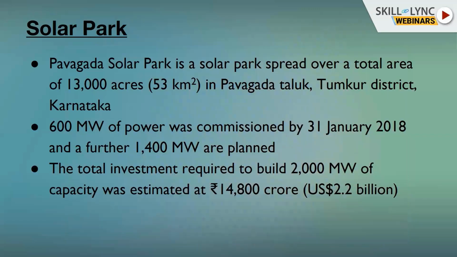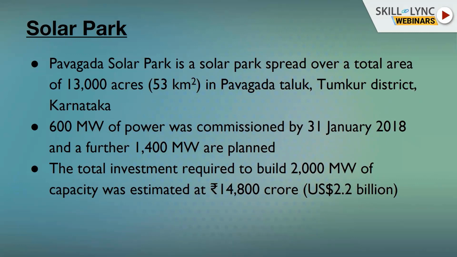The solar park has been constructed in Pavagada, which is situated in Karnataka, and the total area of the solar power plant is 13,000 acres, that is 53 square kilometers. Through this solar park, they are producing electrical energy, and you can see how much they are generating.